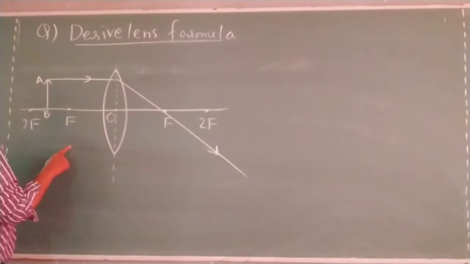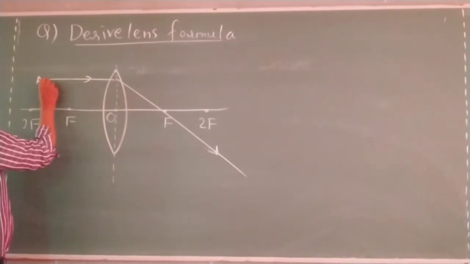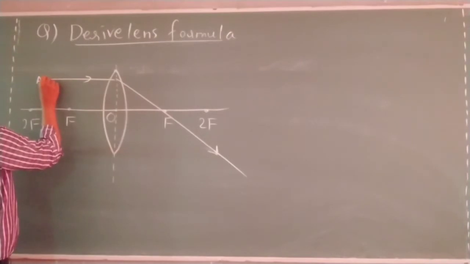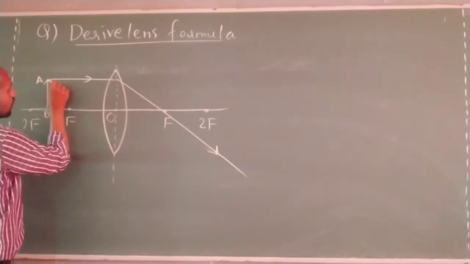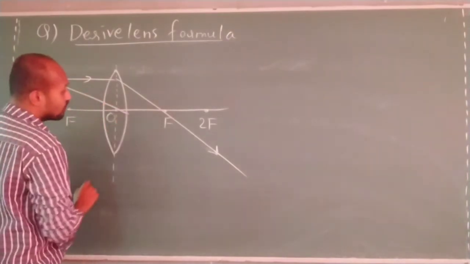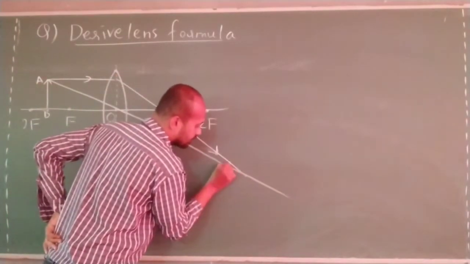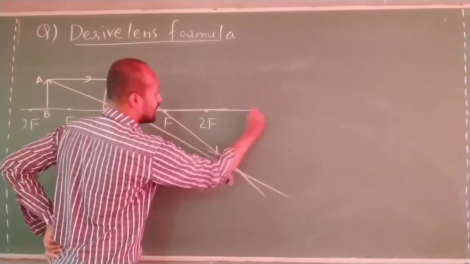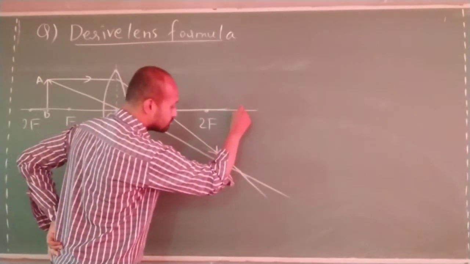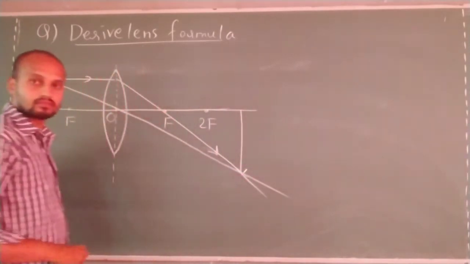Okay? One more line I will take. If I take a line passing through the optical center, without deviation, it is going to travel such that the final image is formed here.